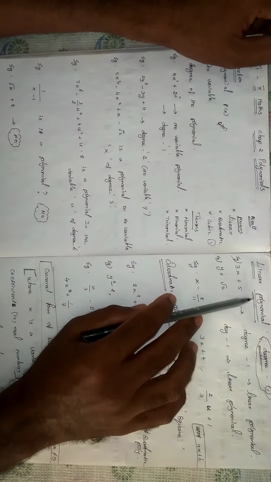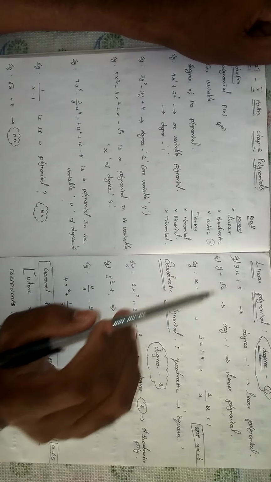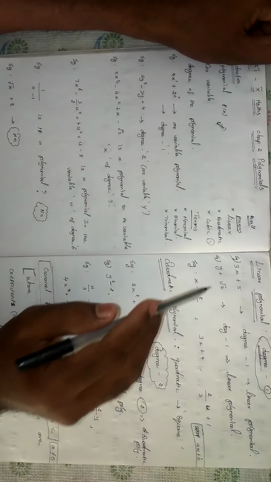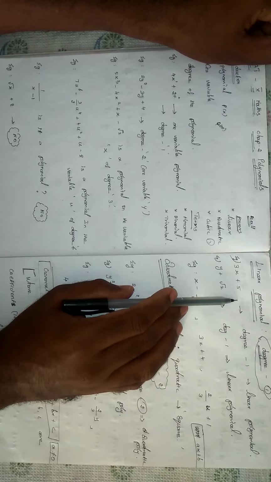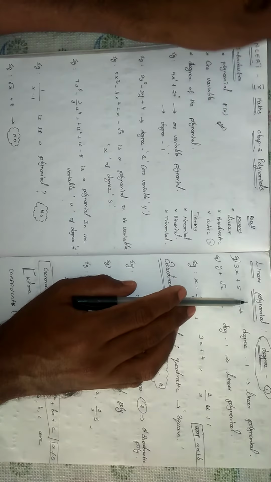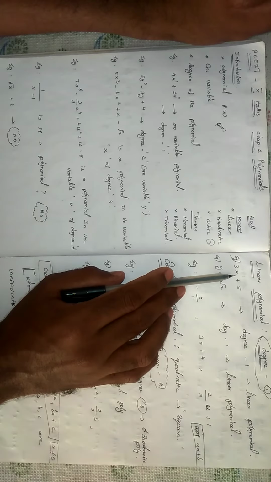Are you all clear? In a linear polynomial, the degree is 1. For example, 3x plus 5. Now, is 3x plus 5 a polynomial or not? Yes, surely it is a polynomial, because there are no negative powers of the variable, and there is no denominator.